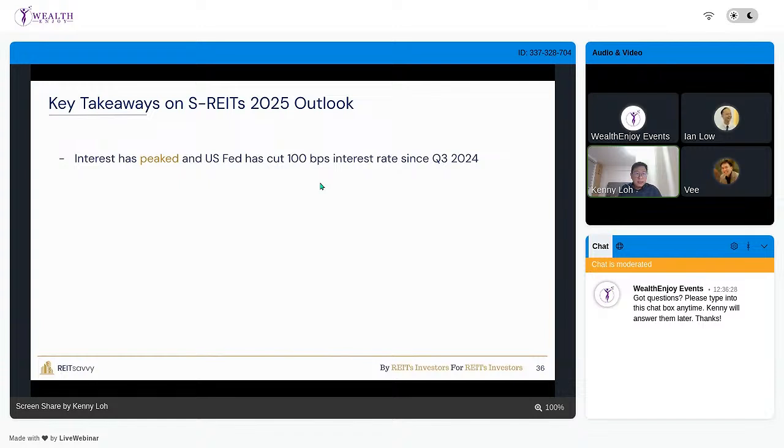So I'm expecting either in Q2 or Q3 earnings, the REITs will start to release some, we may see some surprise increase in DPU due to the interest rate cut impact. So do watch out for the earnings results.